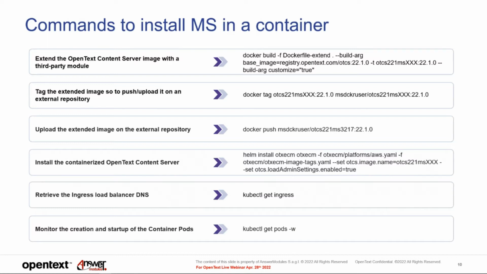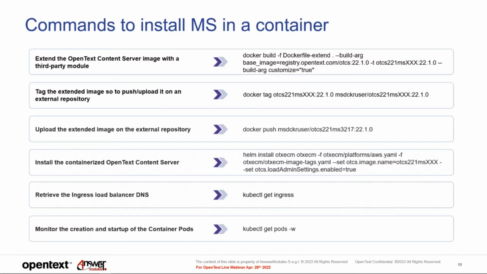The last two commands we have here are just a couple of commands that we can use to keep track of the ongoing installation of the containerized OpenText. The first one, the ingress, retrieves the software load balancer DNS that the system created for us at the moment we launched the installation of the new Content Server.